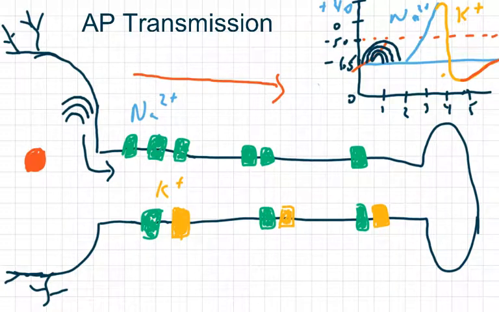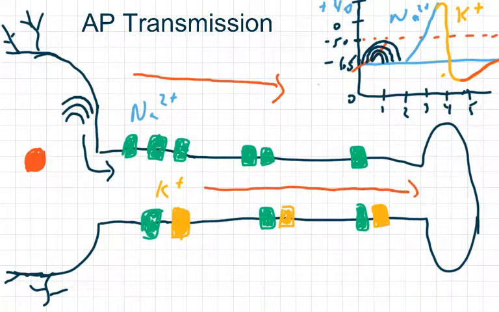And so as that waveform for depolarization and repolarization occurs, it moves down the body of the axon until it reaches the synapse. And this entire four-step process of sodium in, potassium out, and repolarization occurs at each point where there are these channels along the body of the axon.